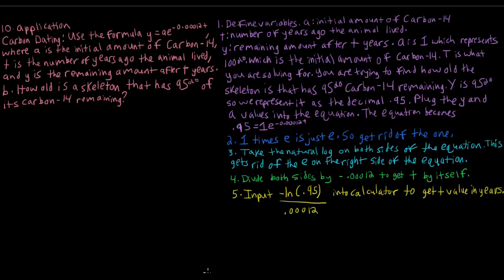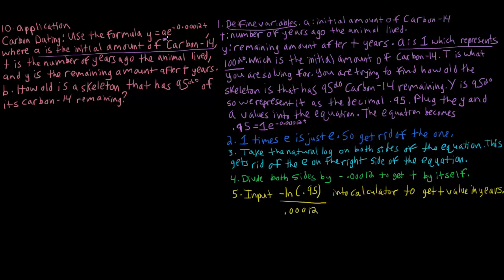So let's start with step 1, defining the variables. We know that a is the initial amount of carbon 14, which is 1, which represents 100%. So the skeleton initially had 100% of carbon 14, so that's what we're going to end up putting into our y equals a times e formula.